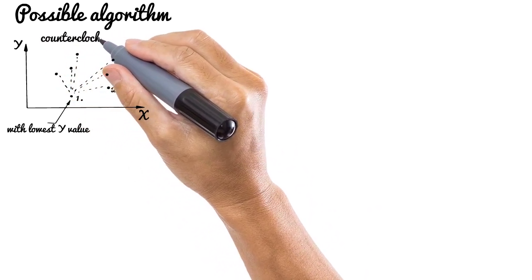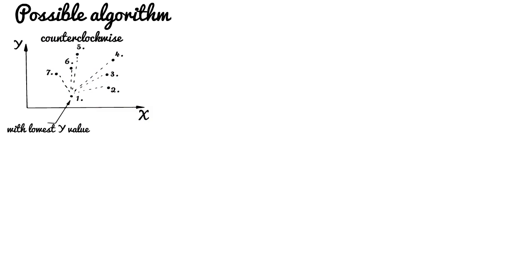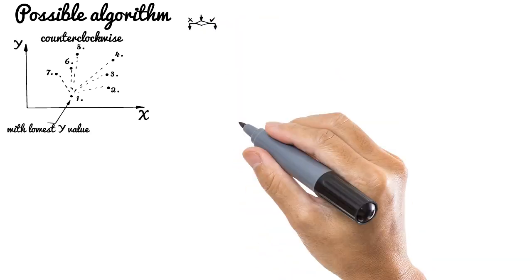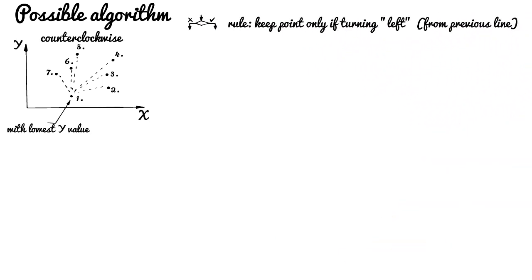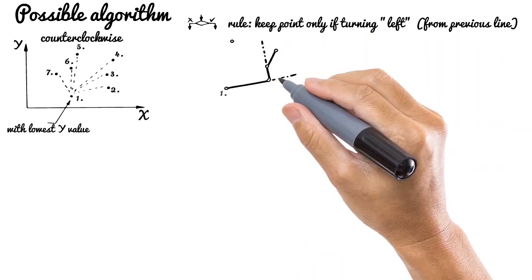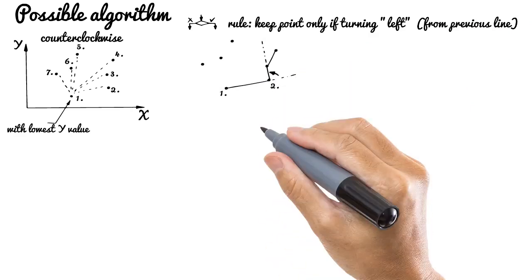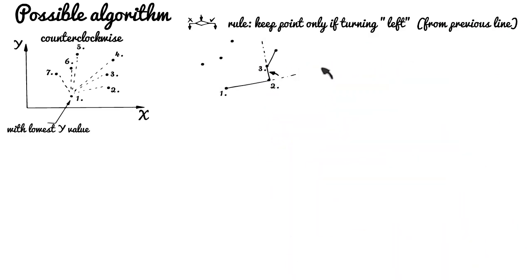Streamline all lines counterclockwise. Then the idea is to start connecting the first point with the second, the second with the third, and so on. A line must be kept on the border of our convex hull only in case we are always turning kind of left, compared with the direction of the previous line. Geometrically, the internal angle between lines should be less than 180 degrees.